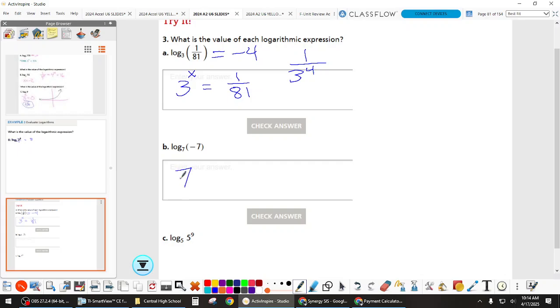Okay, how about this one? It's asking this. 7 to the what power gives negative 7? What do you think? I was hoping nobody would say negative 1.